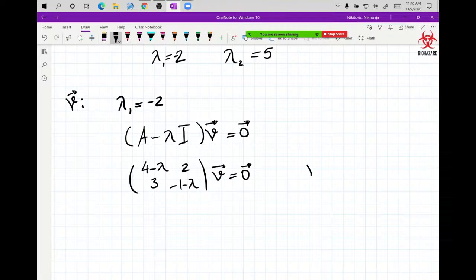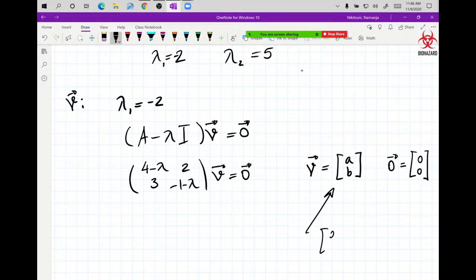Now, vector v is going to be given as a 2 by 1, what we call a column vector, and your 0 vector is going to have 2 zeros inside. So remember, vector v cannot be 0, 0. The 0 vector is always 0, 0, or 0, 0, 0, depending on how many dimensions or equations you have.